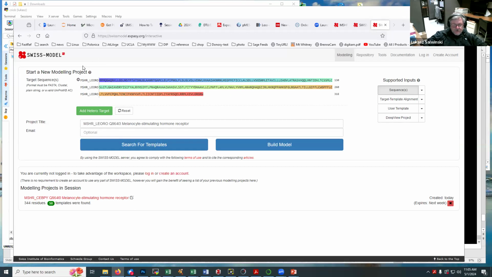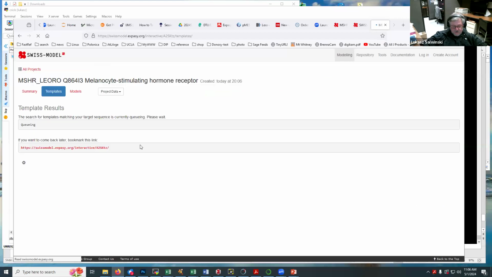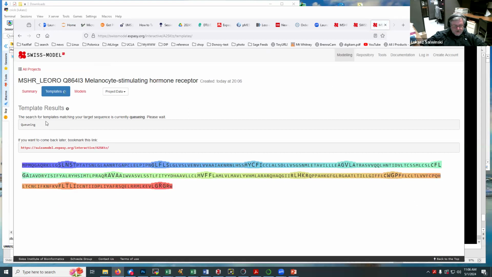It's a membrane protein that's coming from a fold that's common to an entire class of receptors. And once we enter the sequence, we can start searching for templates. This is going to take a while, probably 4 or 5 minutes.